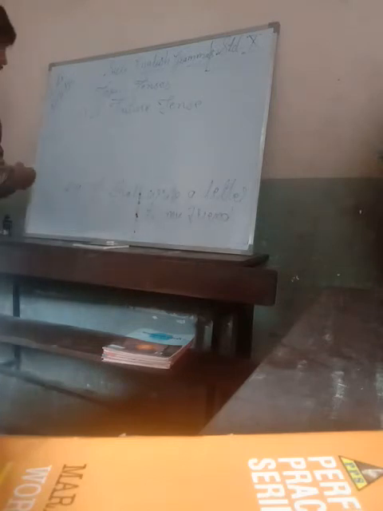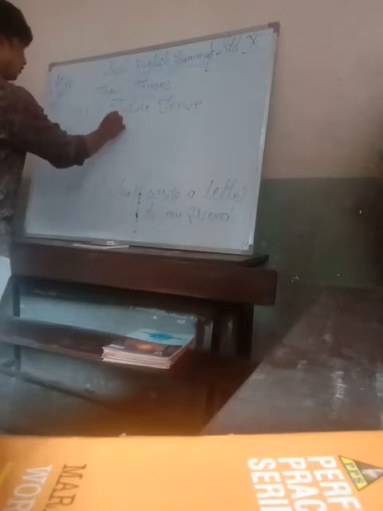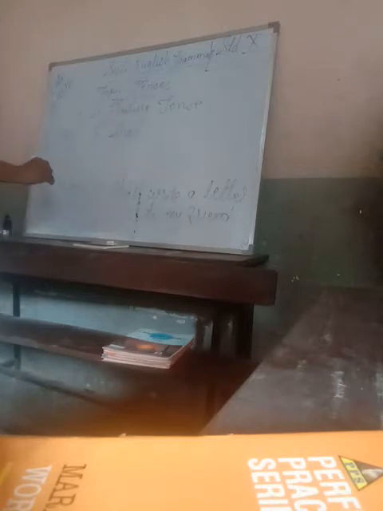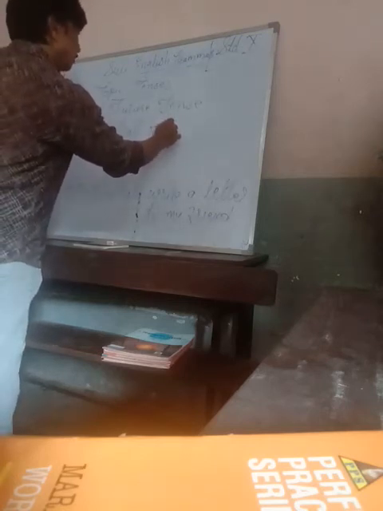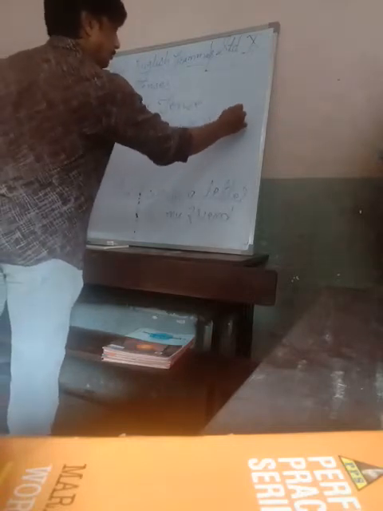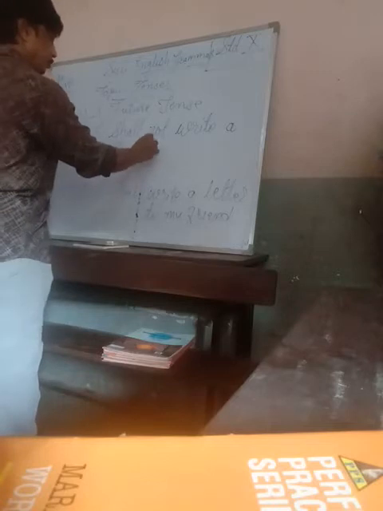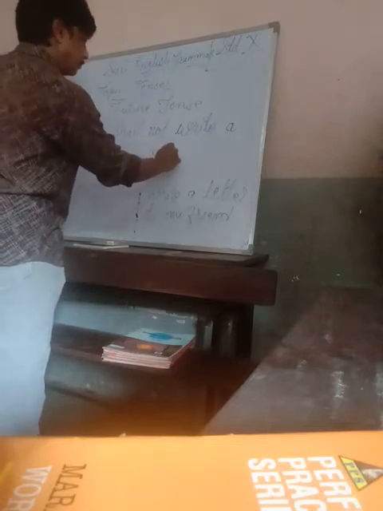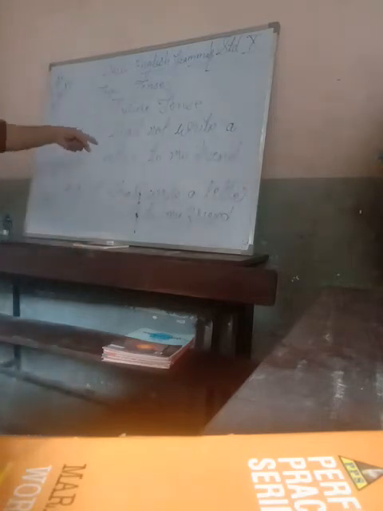As we already have the formula, for the negative you write first the subject, then shall, then not, then the first form of the verb, write, then a letter, to my friend. See here now: I shall not write a letter to my friend.